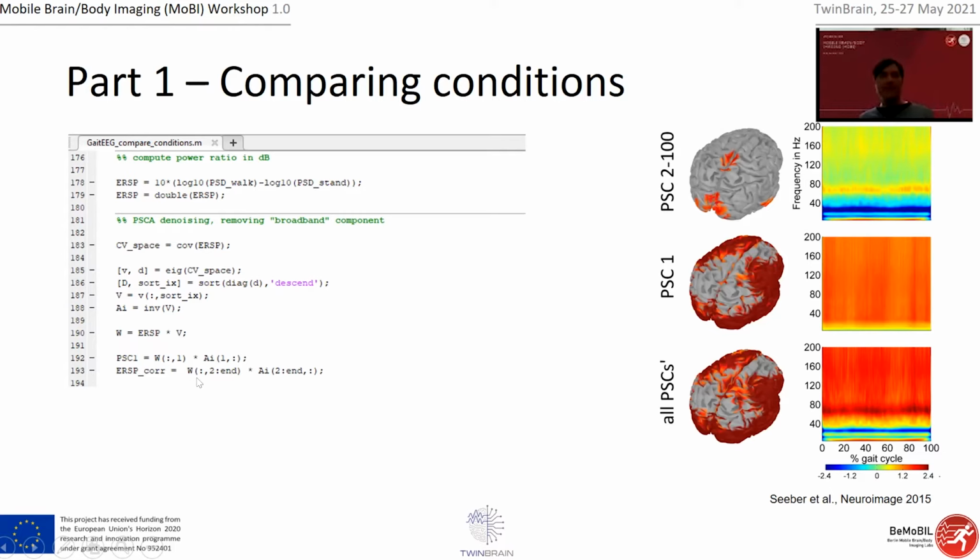And all the rest, all spectral components from the second until the end, I project into a variable called ERSP corrected. And then that should be this, right? So PSC1 should be the artifactual activity, and PSC2 to the end, PSC2 to 100 here, because here I had 100, whereas here I just have, I think, 64 channels. It's very simple, just some lines.